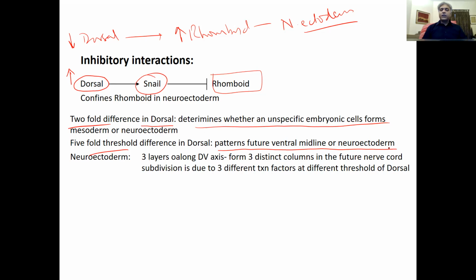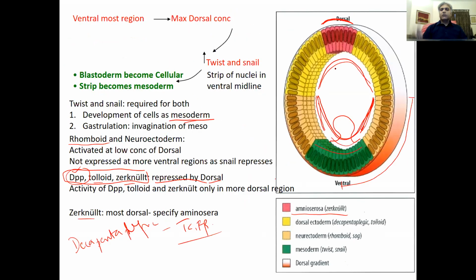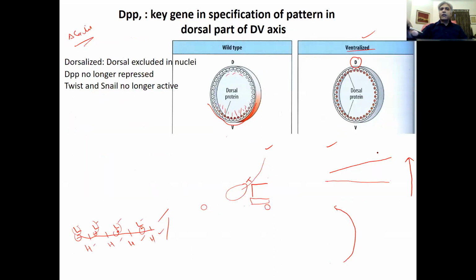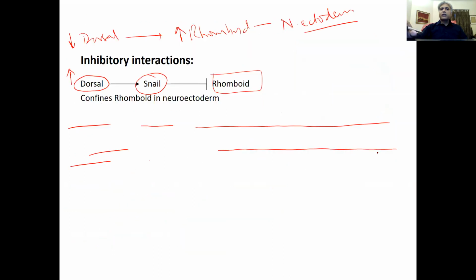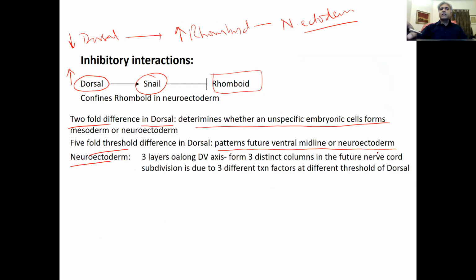So what is actually neuroectoderm? We have talked about neuroectoderm. Here, this mustard colored region is being referred to as neuroectoderm. This is very important because some of the cells from this region are going to make the future nerve cord or the nervous system.